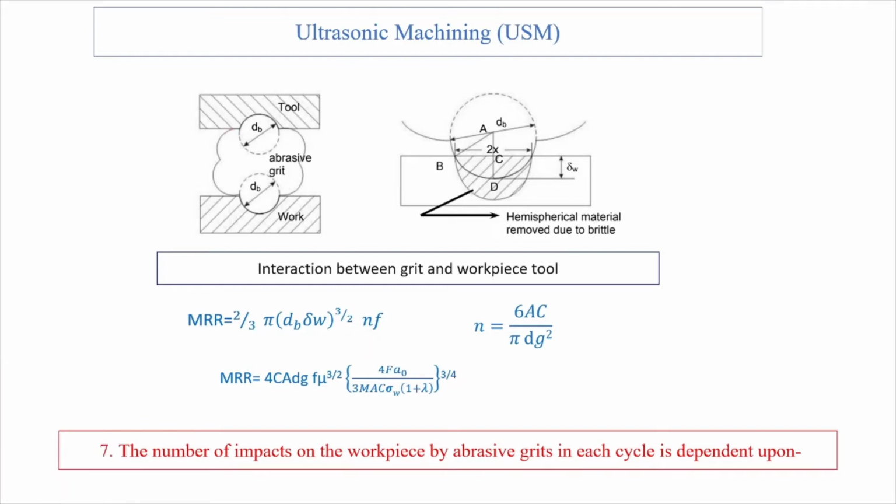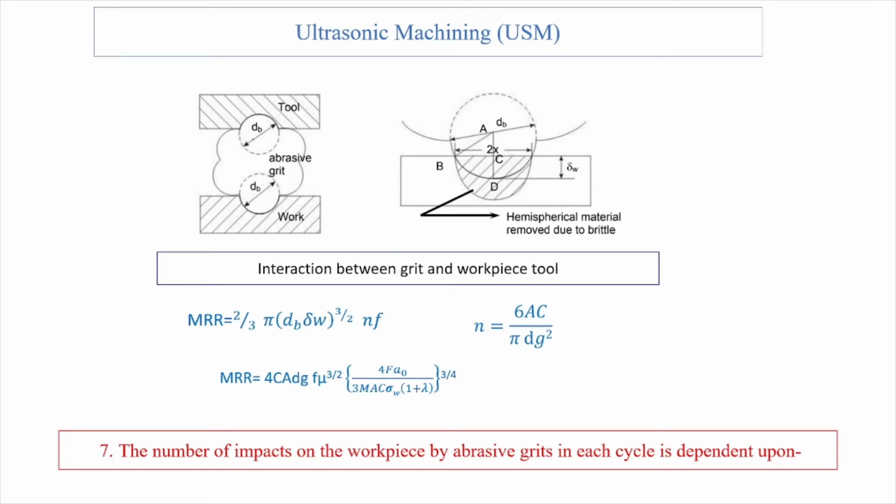You can see the diagram, right, of the grit and workpiece tool, how the grit and workpiece tool interact in the ultrasonic machining process. This is the geometry of that grit and workpiece tool interaction.